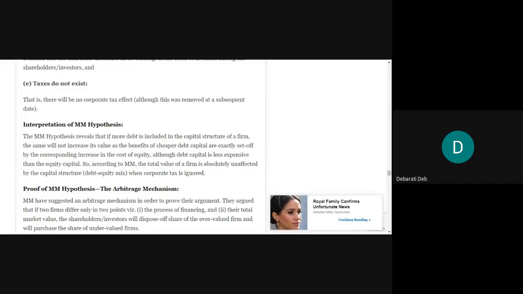That is how the cost of equity will also increase. So if you are incorporating more debt, it's not that the cost of equity will remain the same. The investor will start to perceive risk in your company, and they will also start to demand more. The expectation will increase. That is how, even if you are trying to get the benefit of having more debt in the capital structure, that will not happen. That will be exactly set off by the corresponding increase in the cost of equity.